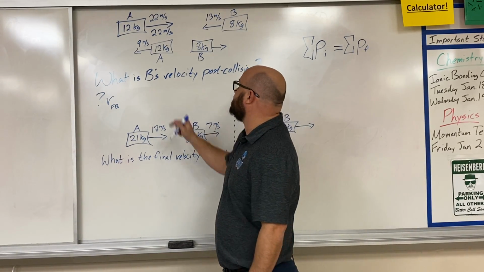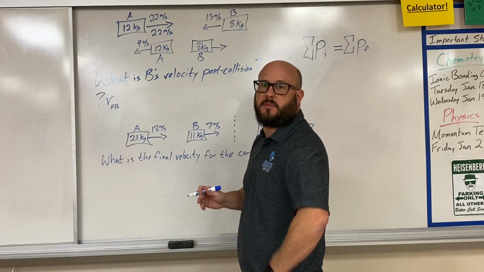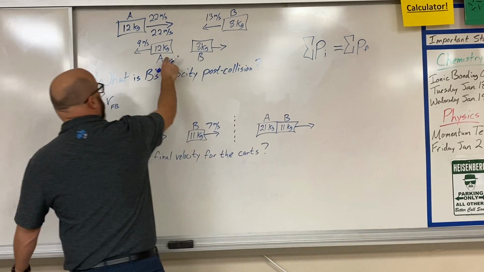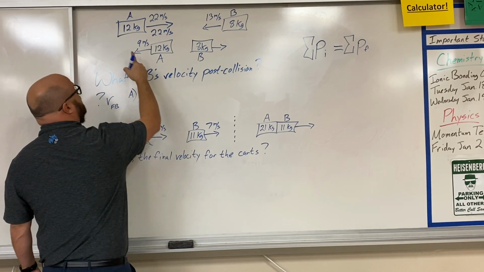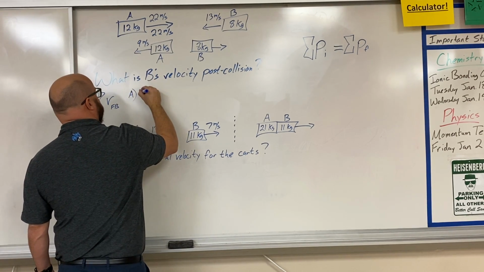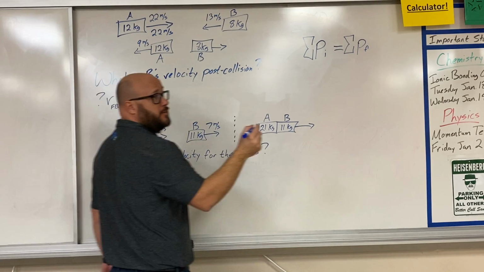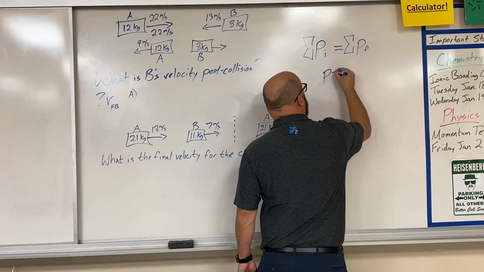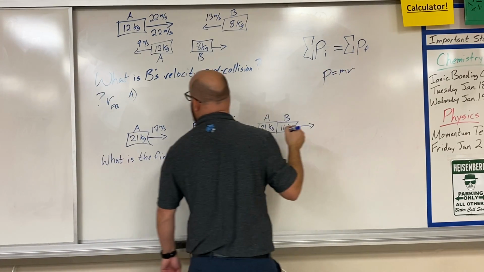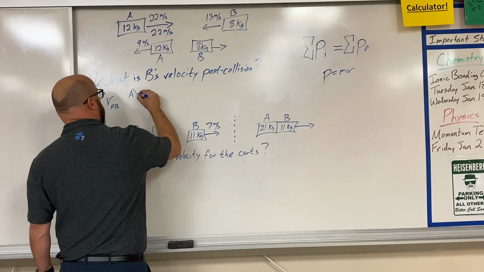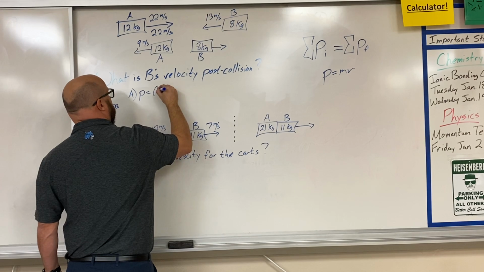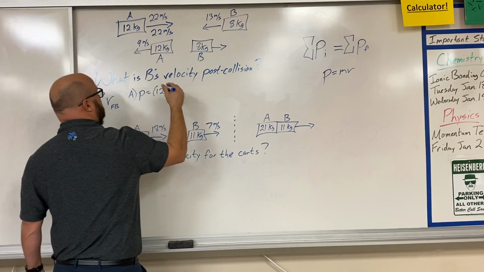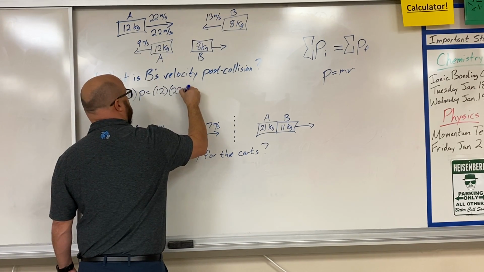So first things first, we got to get the pre-collision momentum. So for cart A, we've got 12 kilograms. And again, our formula for momentum is P equals mv. So for cart A, we've got P equals its mass, which is 12, times its velocity, which is 22.